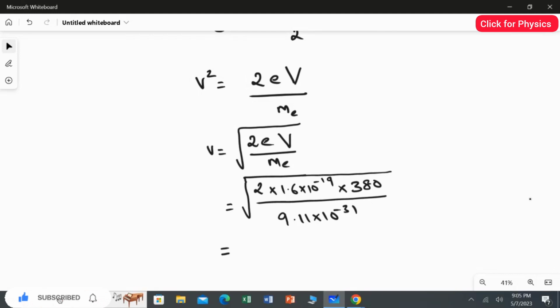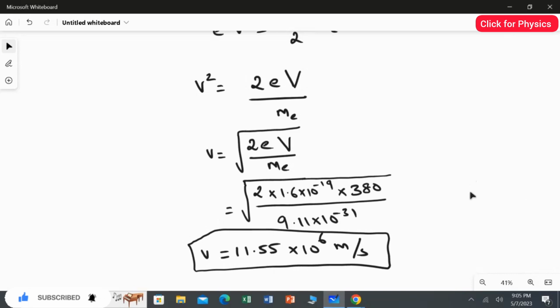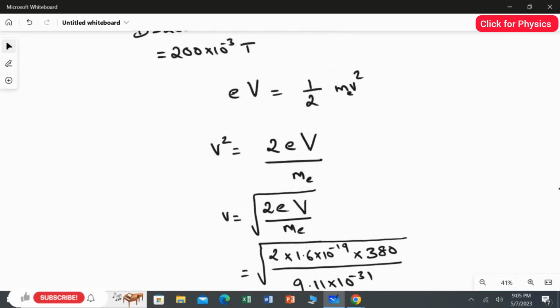Here I got the answer as 11.55 multiply 10 power 6, and the unit for the speed is meter per second. So this is the answer for the first question, which means we completed part A.